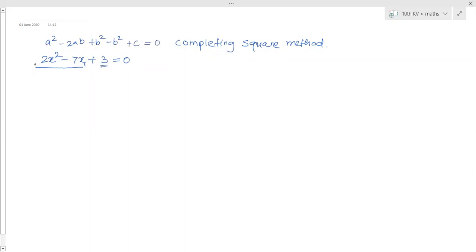The first term is in the form of a square, the second term is in the form of 2ab, plus or minus. Then we need to complete the square, that is a square minus 2ab plus b square, so it becomes the square of one term. We have to convert this equation into this form.